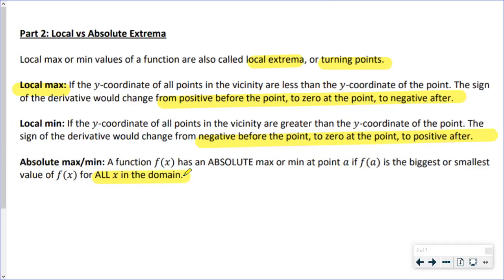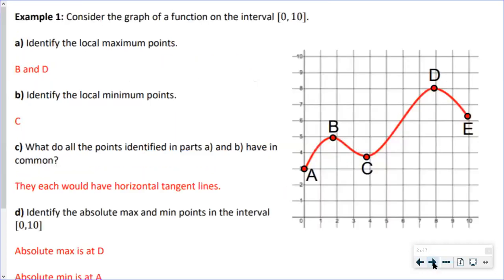So the next graph is going to have a defined interval. If you can see that graph a little bit, I'm not sure why it's going off the smartboard, but we have a defined interval between 0 and 10.